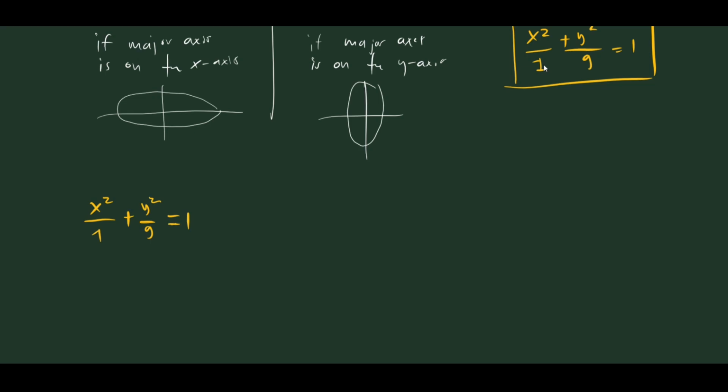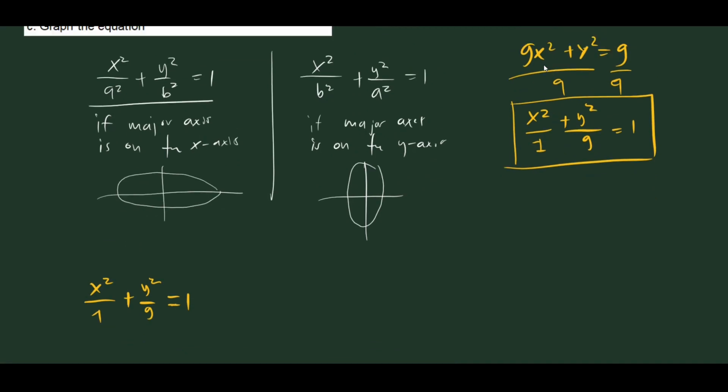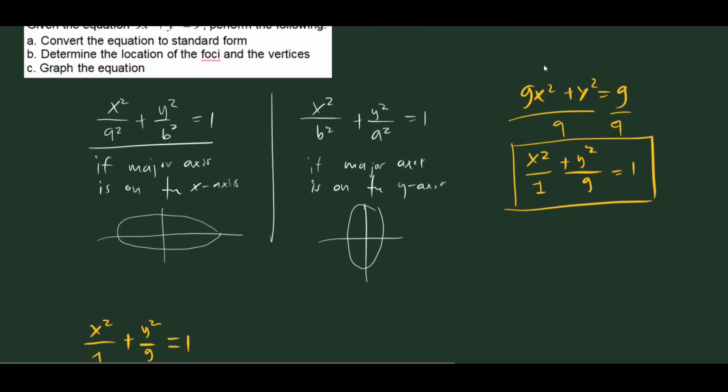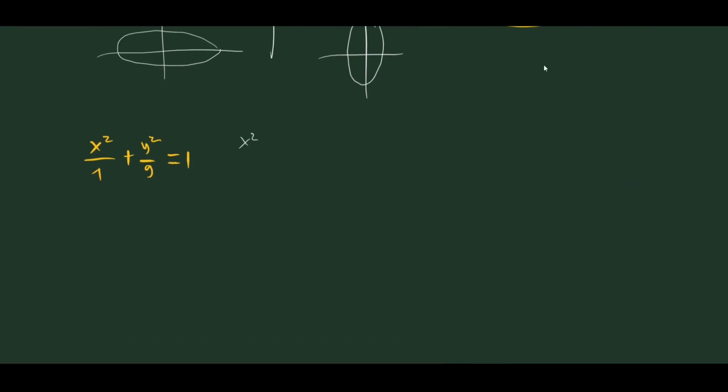Now, if we observe our equation in standard form, we notice that the denominator of y squared is actually larger. Now, this means that our ellipse is elongated vertically, right? So we are going to use this general form instead of this one. So let's write it down here. So x squared all over b squared plus y squared all over a squared is equal to 1.